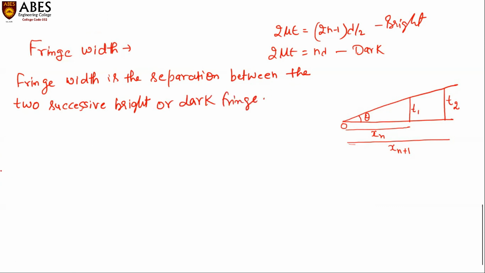Okay, this is called fringe width. Suppose the fringe width is denoted by omega.